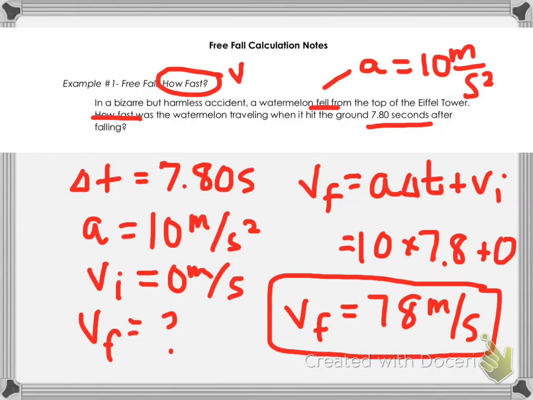Most of the time, if they do not tell you a starting velocity, you can assume that when you're dropping an object, you're dropping it from rest. So that's the assumption I made here. But that is how you would solve how fast.